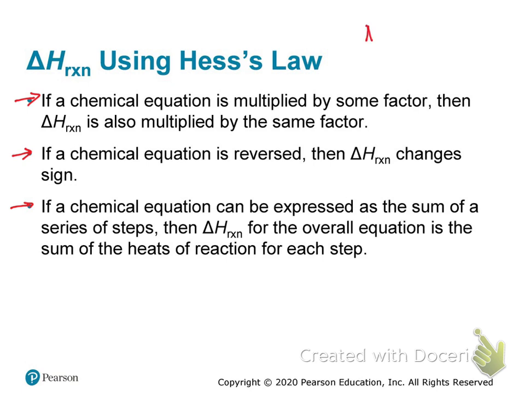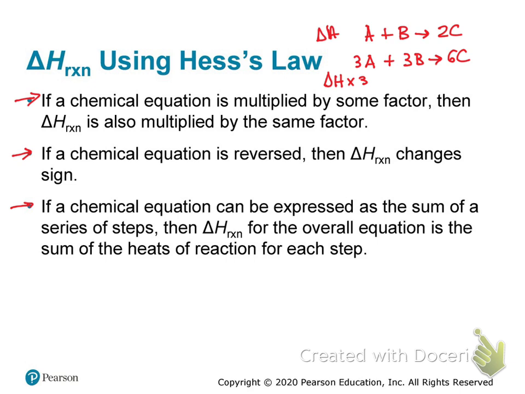So if I have A plus B yielding 2C, and I multiply the whole equation by 3, then the enthalpy that we had at first, this delta H here, has to be multiplied by 3 to obtain the amount of energy of the second process, because enthalpy is extensive, as we saw before.